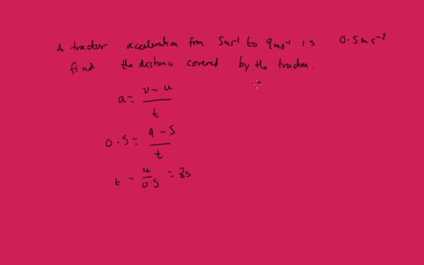So we use our other formula, s equals a half u plus v times t. So half 5 plus 9 times 8, and that will be 56 meters. I hope that helps.